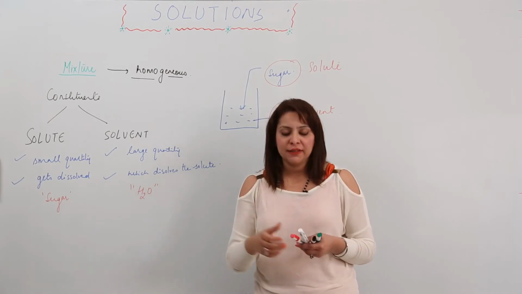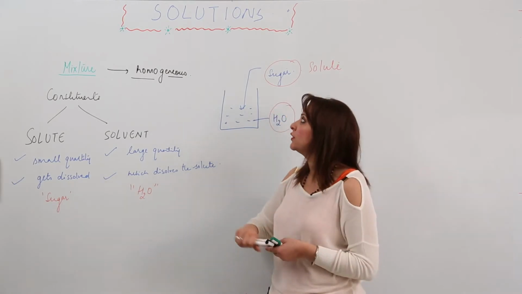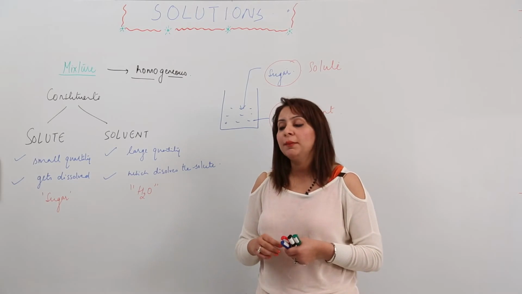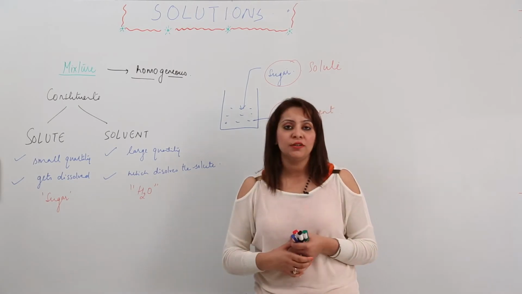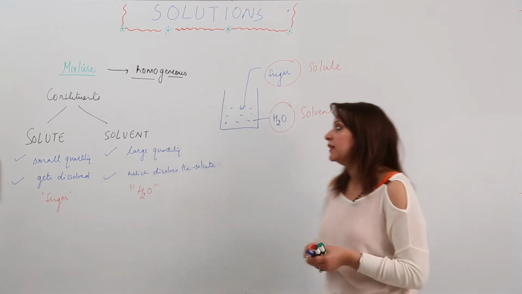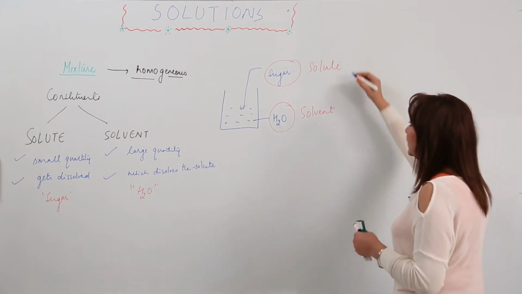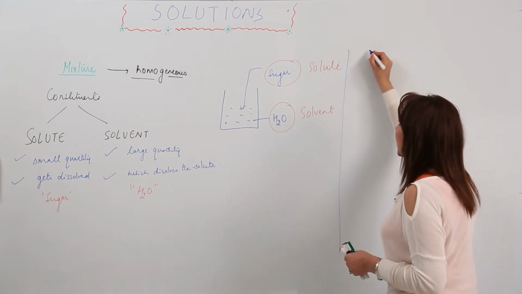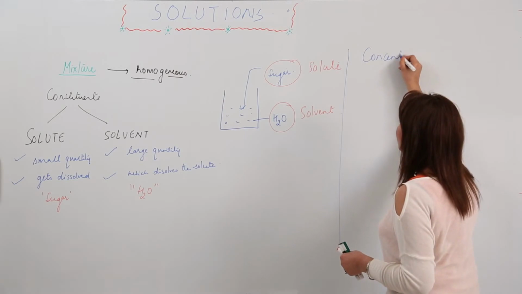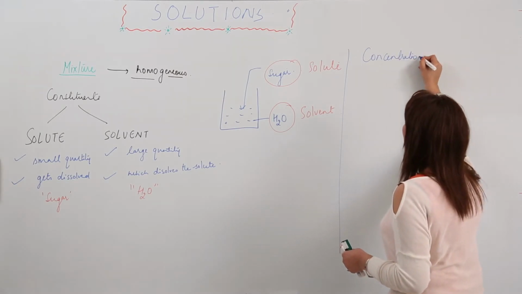Coming to more characteristics, we will be taking the solution topic in much detail. The second property a solution possesses is concentration. If I say concentration of a solution, what do I mean?